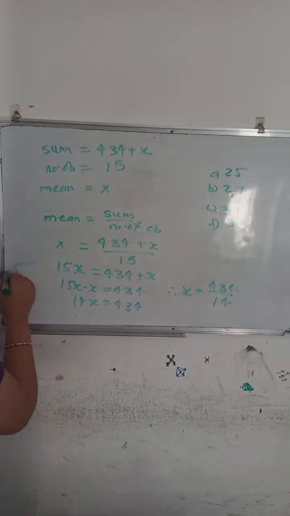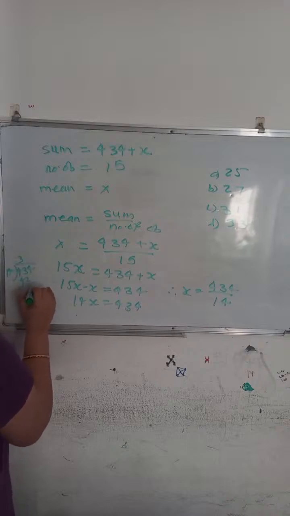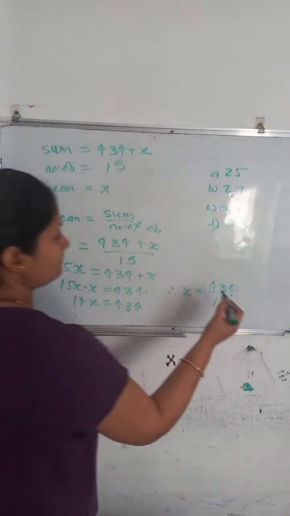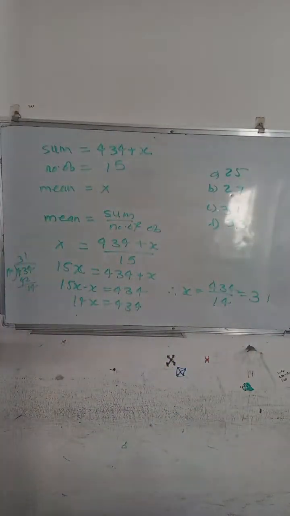Check that division. How much will it come? Is it 31? x is nothing but 31. Option C is the correct option. Getting?